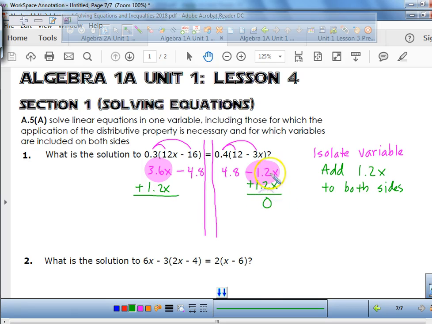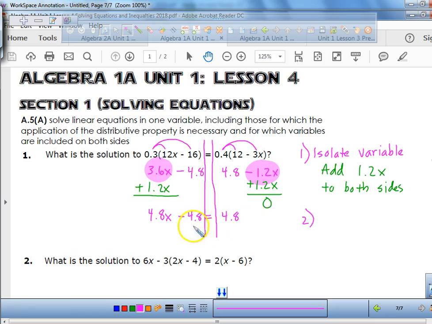These are additive inverses. They cancel out to 0. When you add these together, you're going to get a total of 4.8x minus 4.8 equals 4.8.